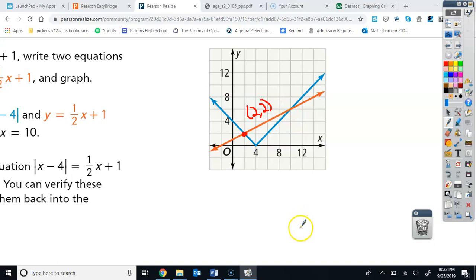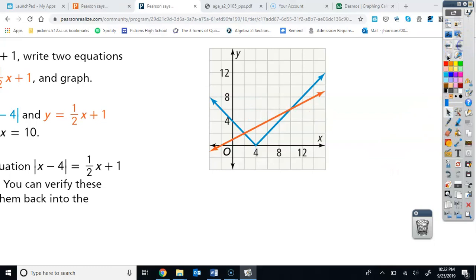But notice something that we also probably didn't see on the last one because of the way we drew the graph. Notice there's also a point here at 10, 6. Whoa, wait a minute. Does that mean there's two answers? Yes, that's what that means.